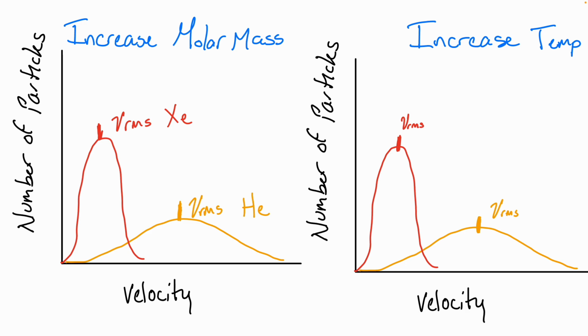Are things moving around faster at high temperatures or faster at low temperatures? To be clear, if we look on our graph, the orange is a larger velocity than where the red is. So my orange curve means that those particles are moving around faster. So should faster be high temperatures or low temperatures?